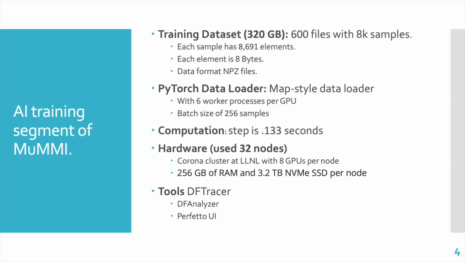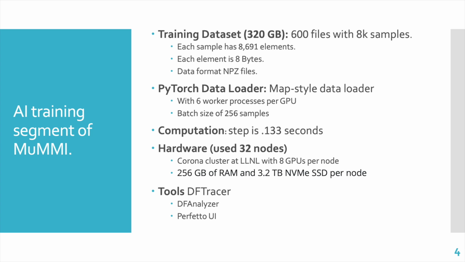Then to do the training, they basically use a PyTorch style data loader. Within PyTorch, you could write data in many ways, but they use the map style, which is basically saying, hey, give me this element, which for them, they do it with a batch size of 256, so they're getting 256 samples out of the 8,000 K samples within an HDF5.